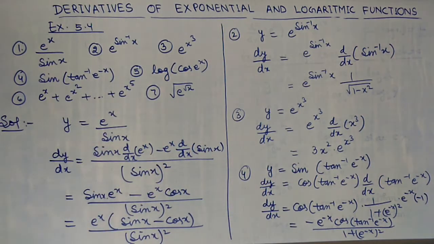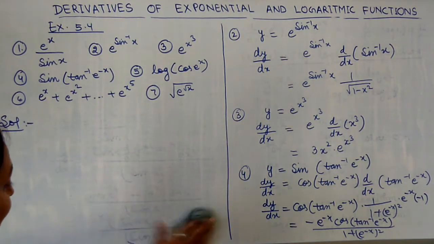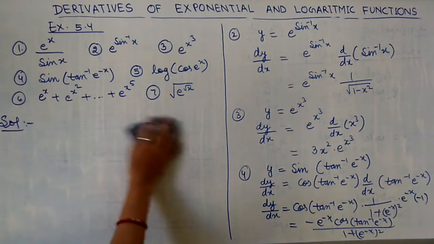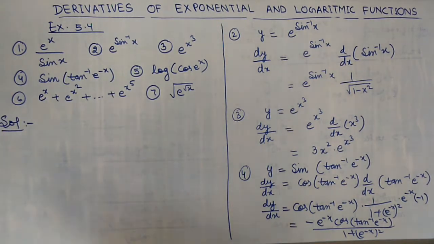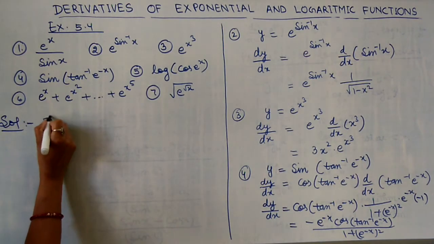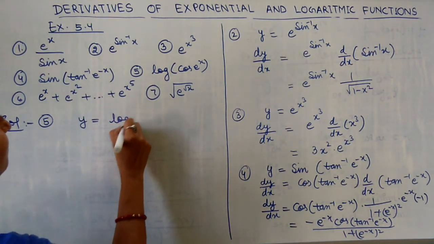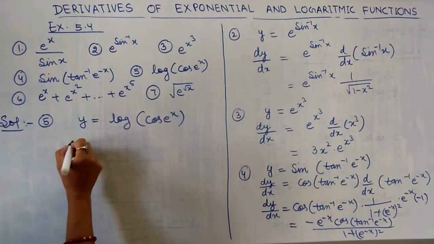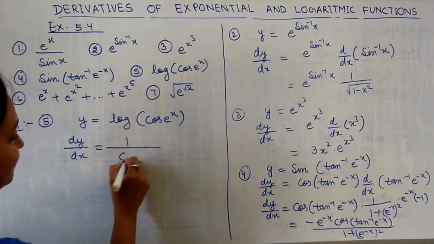Now question number 5th. How can we solve question number 5th? That is also very simple. The question 5th is with log. How can you solve the log? The derivative of log x is 1 upon x. Question number 5th is y is equal to log of cos exponential of x. Now when you take the derivative of log, it will equal 1 upon x.